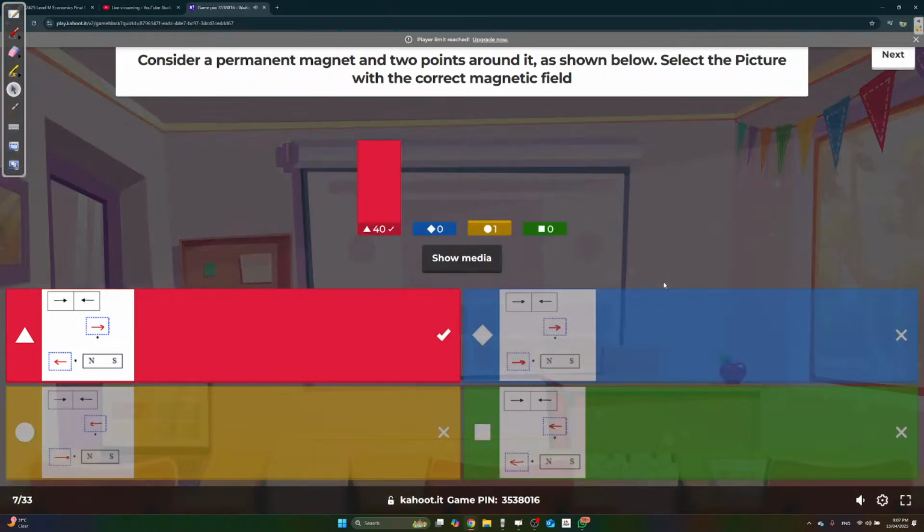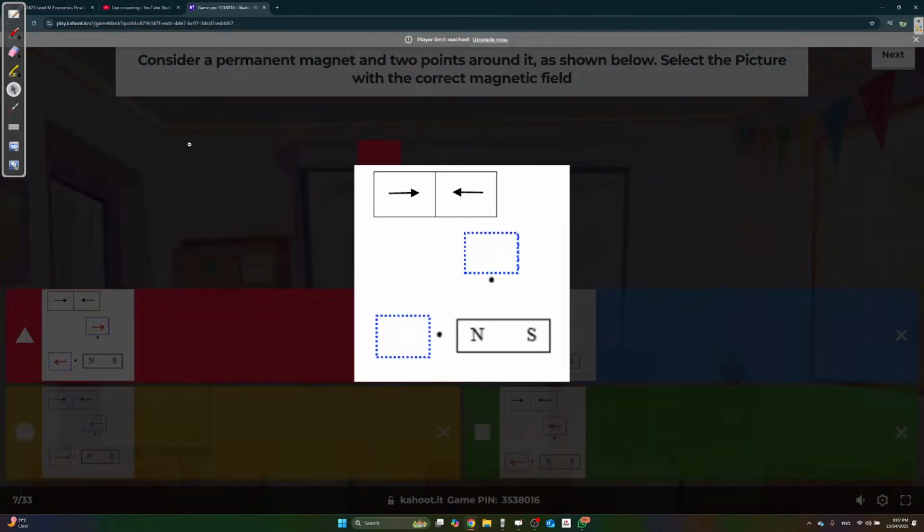I think everybody got this one correct. Let me show you how. Remember that the magnetic field goes from north to south. So it's gonna go out of the north and into the south, right? So obviously here it's gonna be going to the right and here it's gonna be going to the left. Okay?